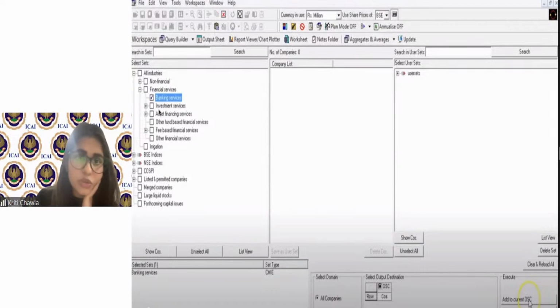So I'll go to the Prowess database, and within all industries, because I want companies in all industries, I will select banking services. That is because my related party is in the banking service industry.